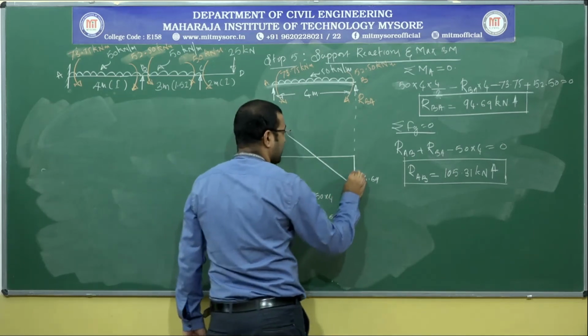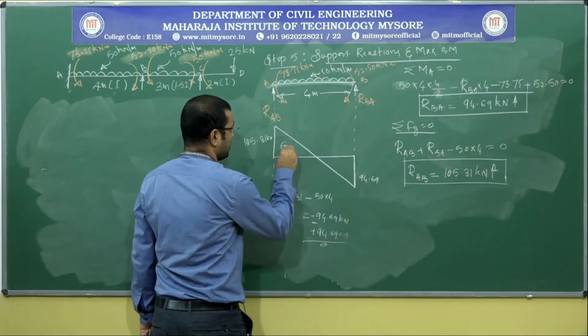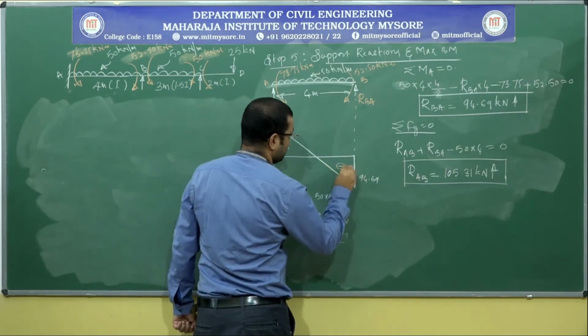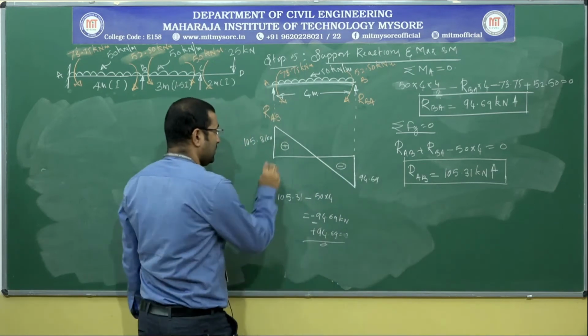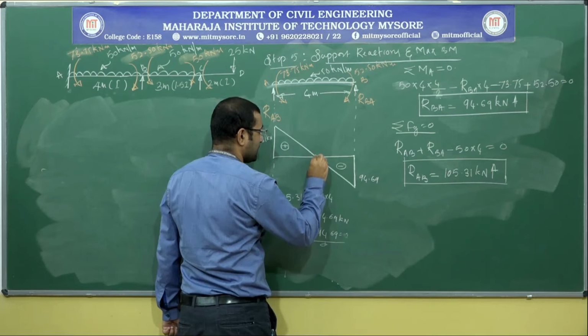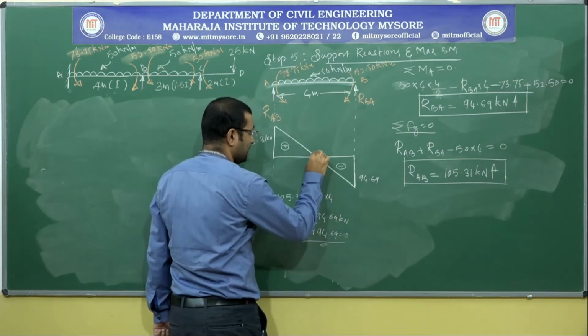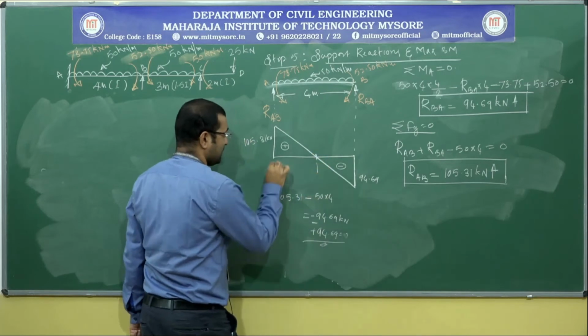So I have to take this diagram upwards till 0. So this is a positive shear force and this is a negative shear force. You can see here this shear force variation is crossing the datum line at some point. So this is a point where the shear force is 0.